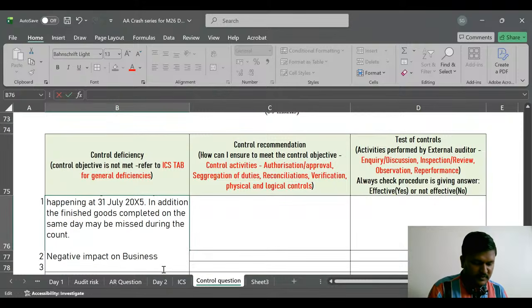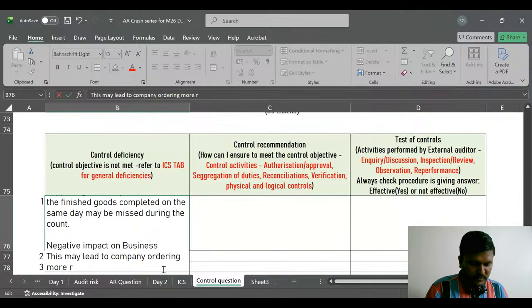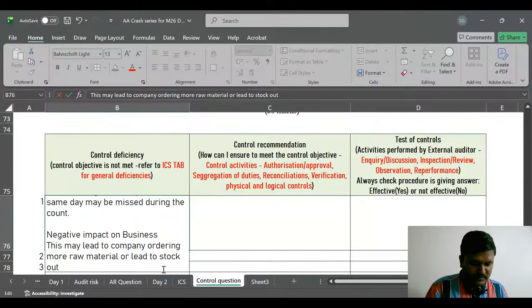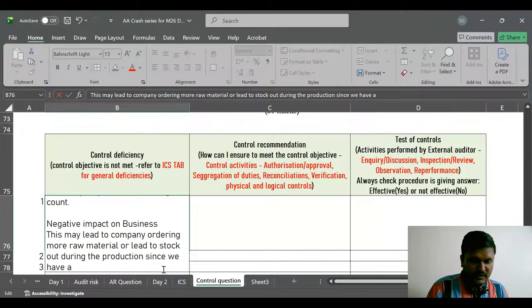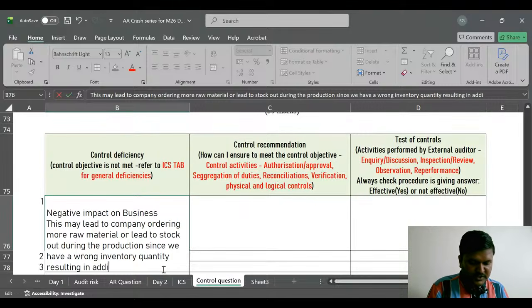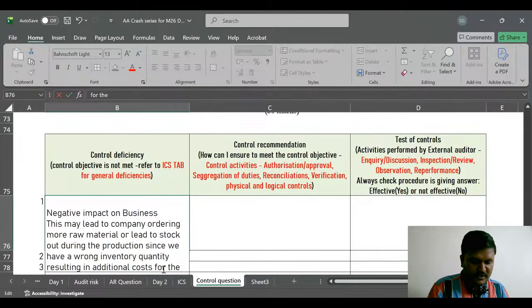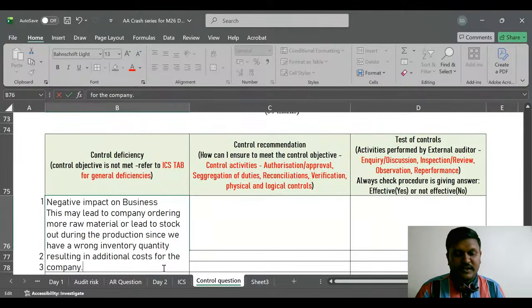This may lead to the company ordering more raw materials, or lead to stock out during the production, since we have a wrong inventory quantity, resulting in additional costs for the company. So this would be that particular thing on the negative impact.